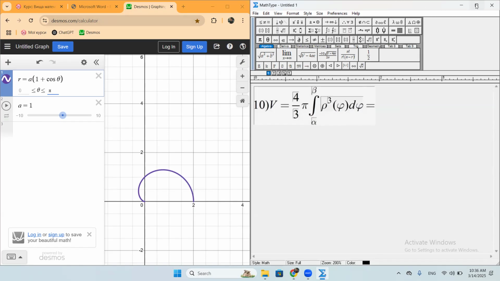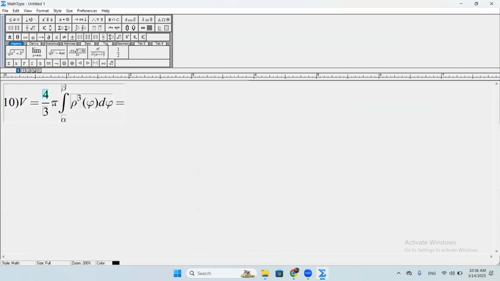So in our case, 2 over 3 pi, and we integrate from 0 to pi a cubed times (1 plus cosine of phi) cubed d phi.